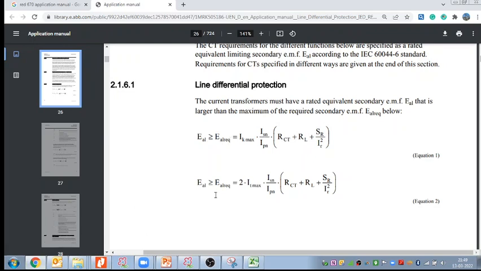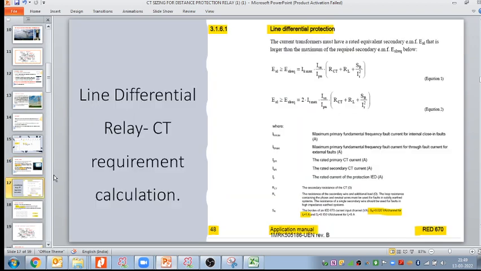So I have taken this snapshot and pasted it in my presentation here. The line differential relay CT requirement calculations, equations 1 and 2, I have taken and pasted here, right? And we have already seen IK max and IT max. SR is 0.20 VA that we have to put here.